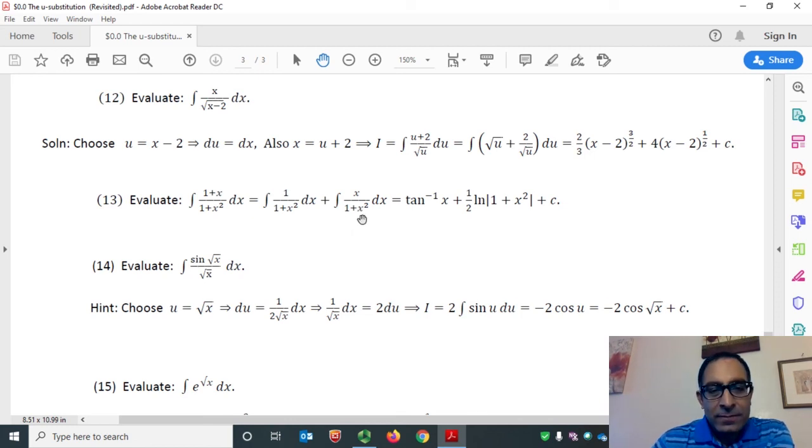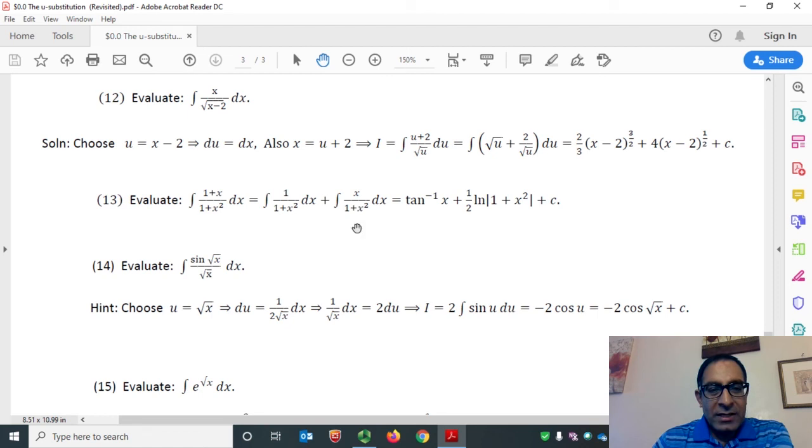The same idea here. So first find the derivative of the denominator. The derivative of 1 plus x square is 2x dx. So that means I need to multiply by 2, divide by 2. So divide by 2, pull outside, so 1/2. Then the integration of 2x over 1 plus x square becomes log of 1 plus x square. Then plus c. Plus c is the constant of integration.